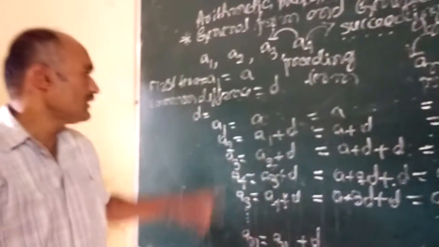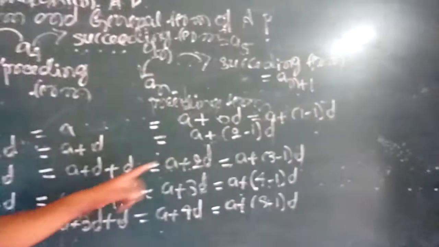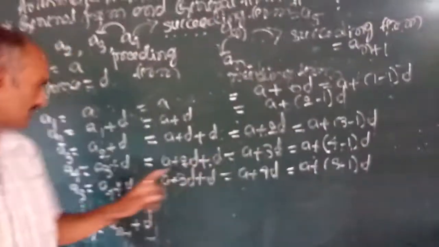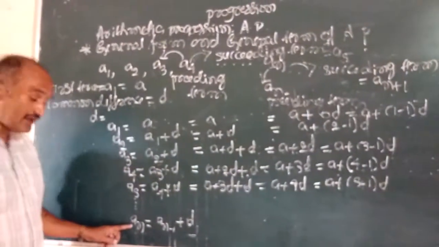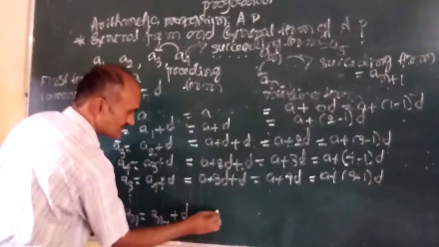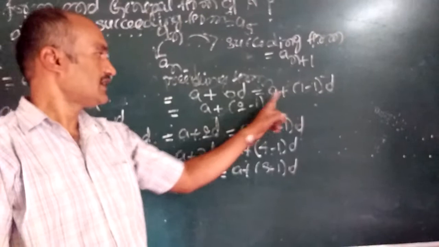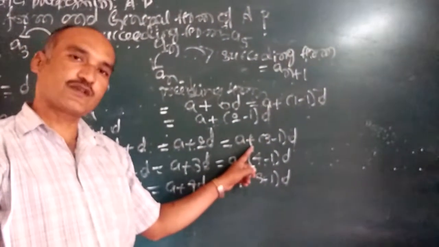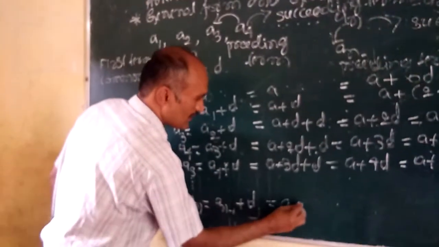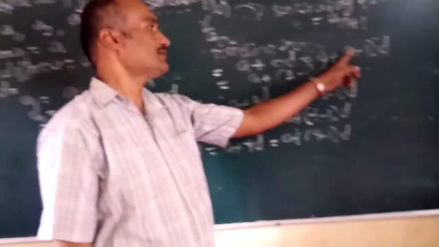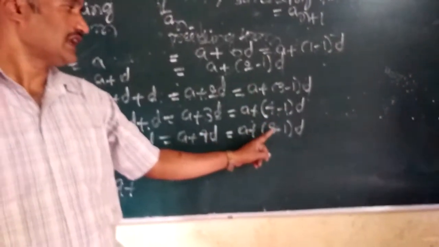So look here, student: in the first term A is there, in the second term also A, in the third term also A, in the fourth term also A, in the fifth term also A. So in the nth term there should be A. A is what? The first term. Look here: in the first term plus is there, in the second, third, fourth and fifth terms also plus is there. So in the nth term also plus should be. In the first term 1 is there, in the second term 2, in the third term 3, in the fourth term 4, in the fifth term 5.